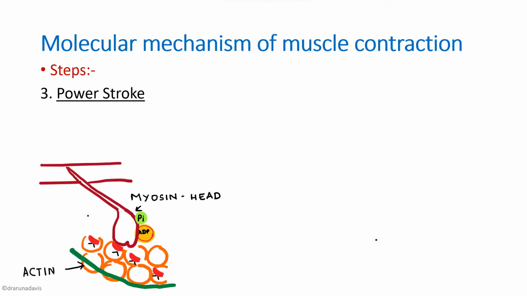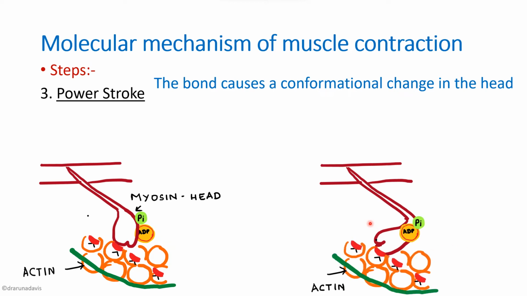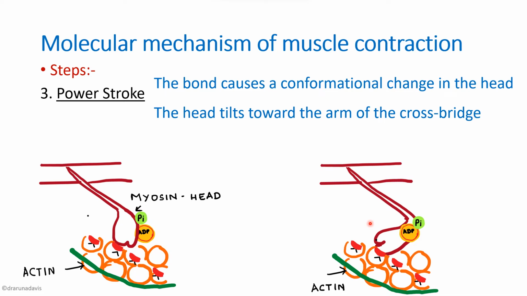Now the third step is the power stroke. Once this complex is formed between actin and myosin, there is a conformational change in the head, which means the head will be tilted towards the arm. This tilting will cause movement of the actin also, and that is called the power stroke.